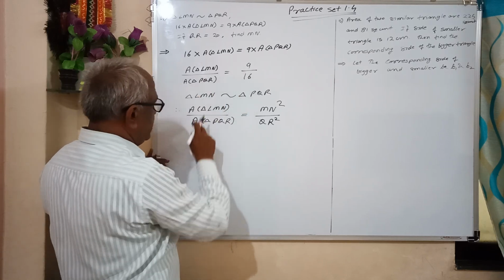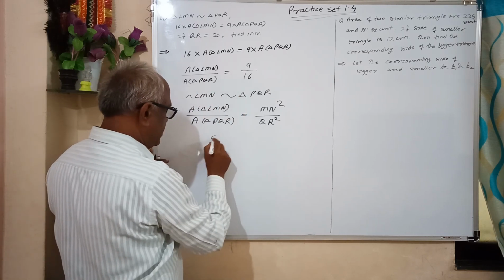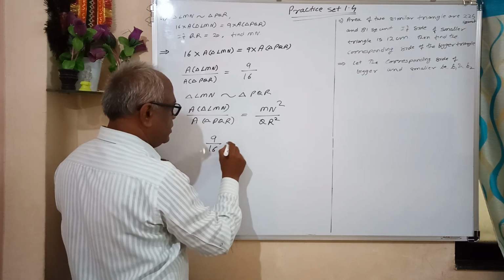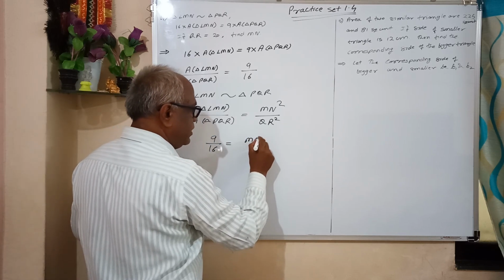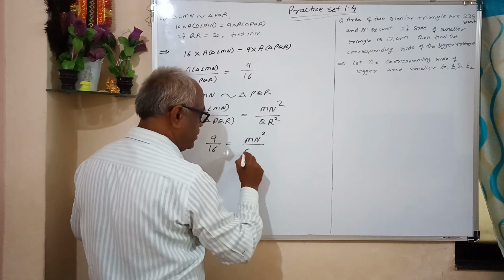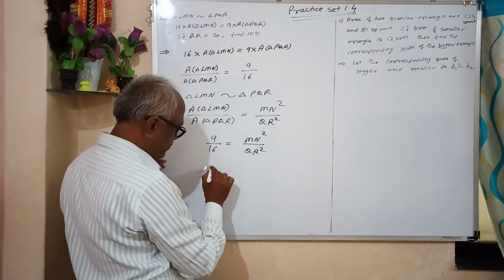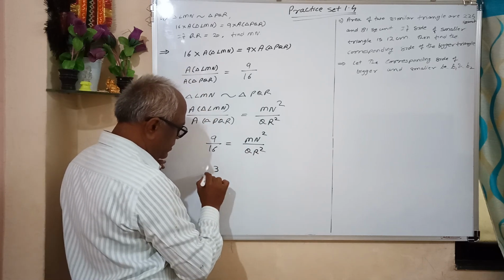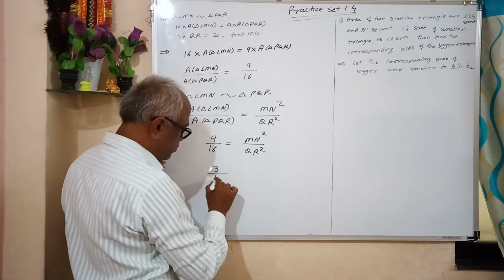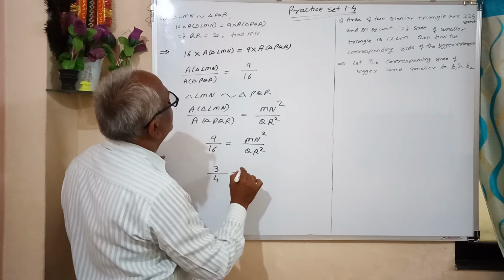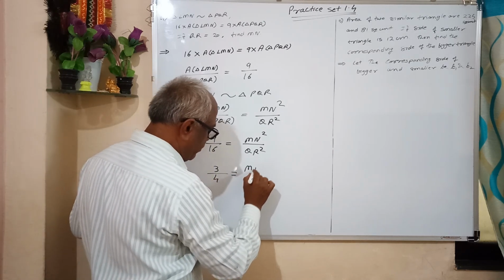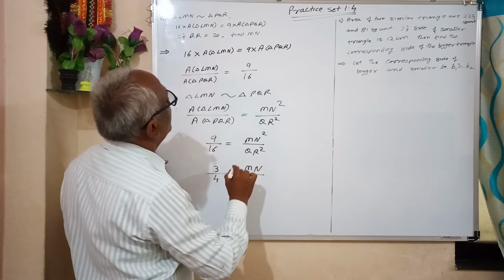The ratio of the area is given, that is 9 upon 16 is equal to MN square upon QR square. Taking square root on both the sides, square root of 9 is 3, square root of 16 is 4, which is equal to MN upon QR.